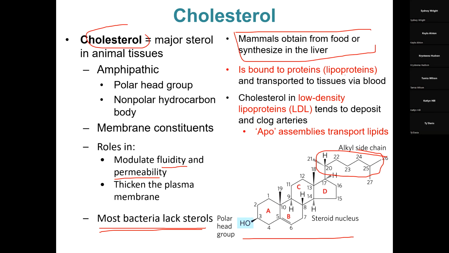And it's carried around by lipoproteins. Lipoproteins are assortments of lots of proteins coming together. The apoproteins come together in an assembly to carry around cholesterol. And cholesterol tends to be in low density lipoproteins. So low density assemblies of proteins tend to deposit cholesterol in arteries, which will clog the arteries.